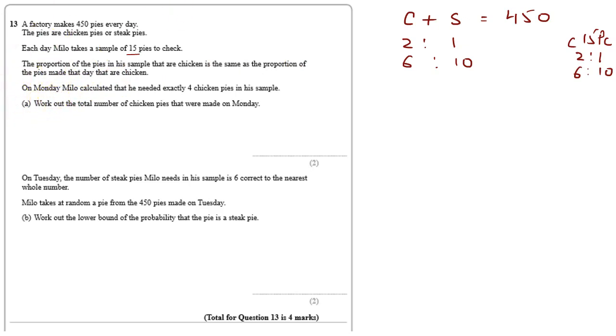On Monday, he calculated that he needed exactly 4 chicken pies in his sample. So it means he has taken 4 chicken pies.